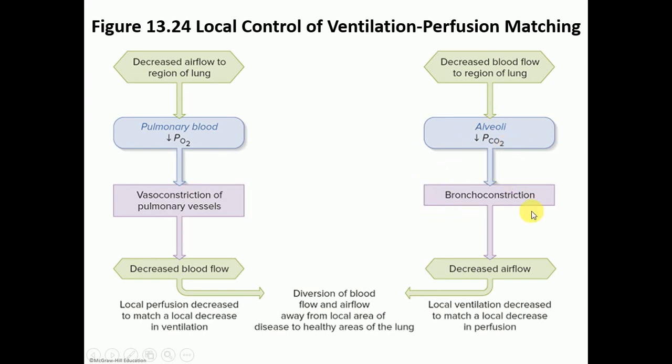That is going to lead to reflex bronchoconstriction. So now the airflow that is reaching that non-perfused part of the lung is going to be shifted to the healthier parts. So you're always going to divert the blood or the air away from the pathological areas into normal areas to maintain a proper ventilation perfusion ratio.